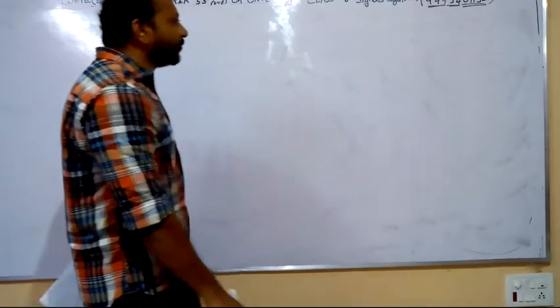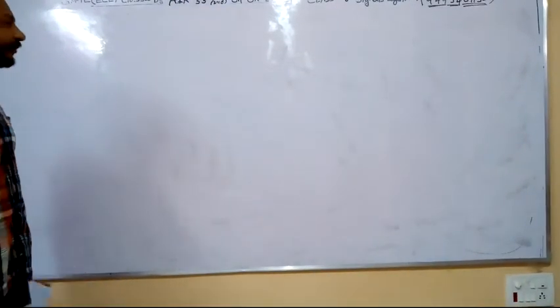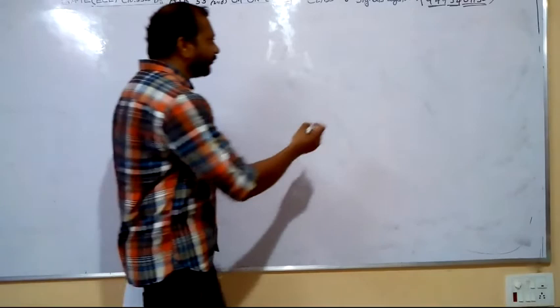Then what are the minimum number of poles and zeros in the F of s?